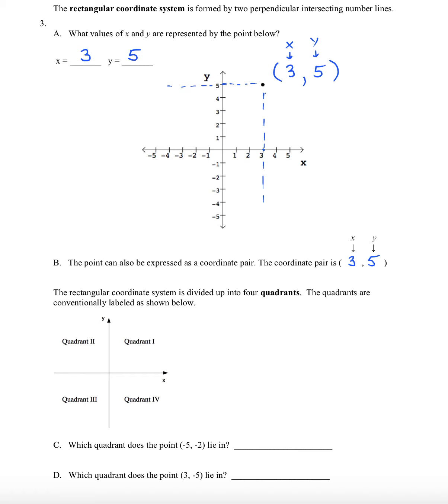The quadrants are conventionally labeled as follows. Positive x and positive y is quadrant 1. Positive y and negative x is quadrant 2. When both x and y are negative, that's quadrant 3. And then points which have a positive x but a negative y are located in what's called quadrant 4.